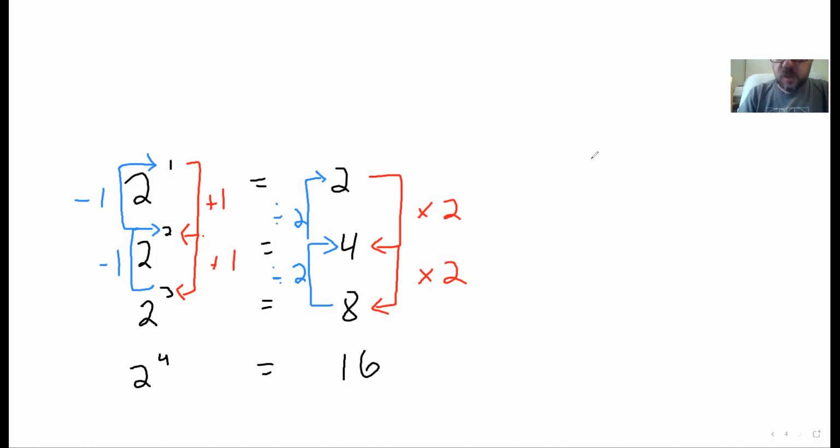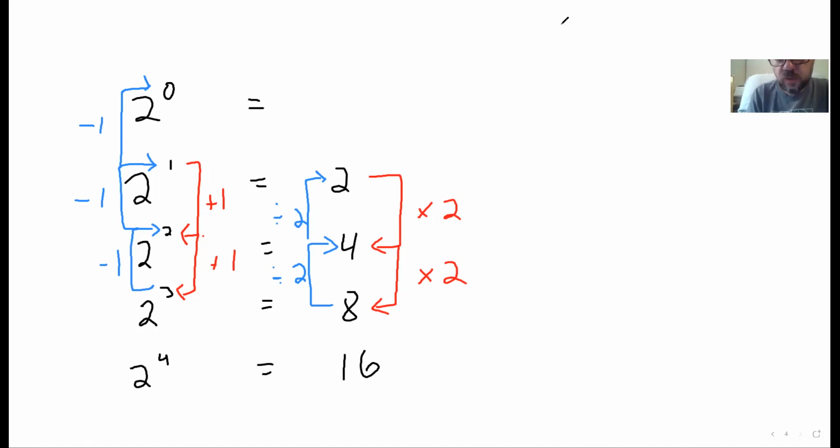So what do you think is going to happen when I do the same thing again? I get 2 to the 0. Well, my pattern suggests that I subtracted 1 from the exponent, so that should mean that I divide by 2. And that's true. That's what I do.